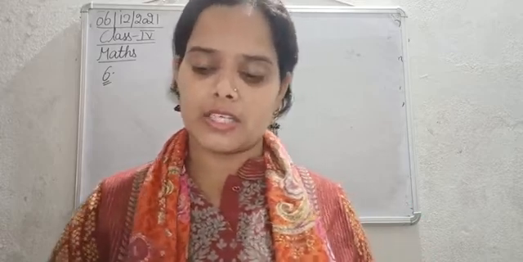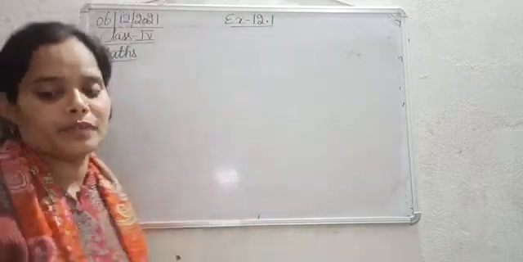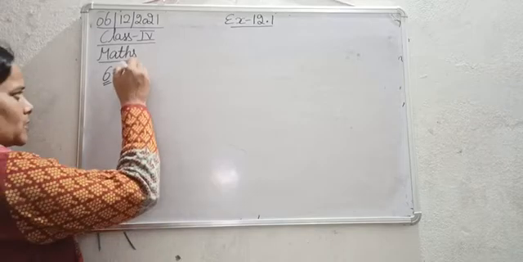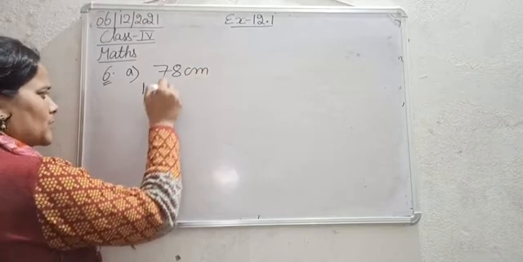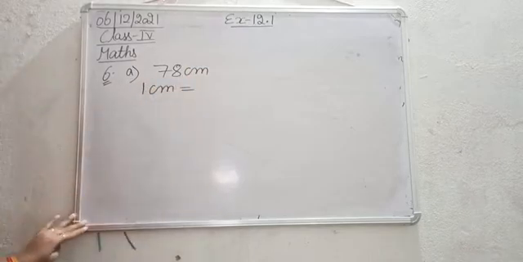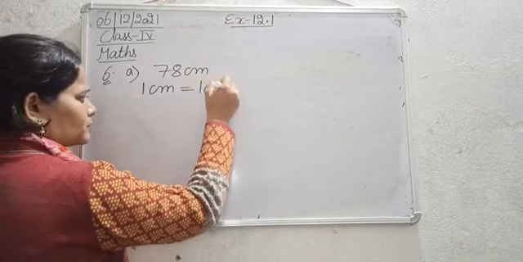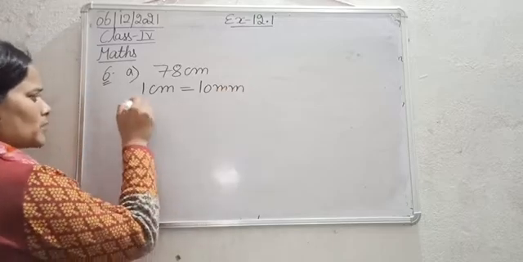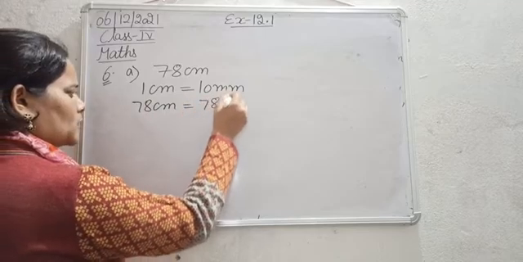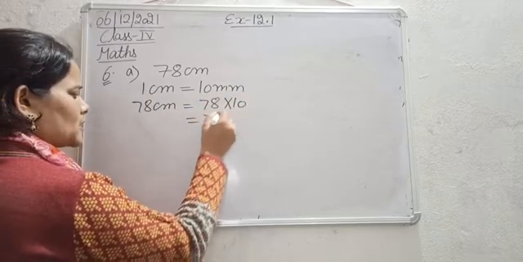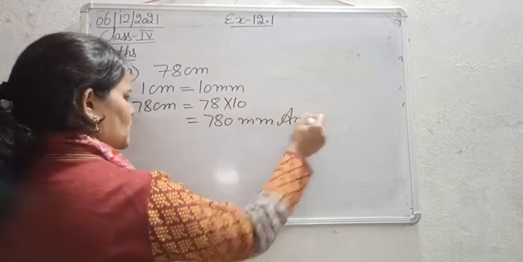So let's convert it. 78 centimeter, we have to convert it into millimeters. 1 centimeter is equal to 10 millimeter. So 78 centimeter is equal to 78 into 10, that is 780 millimeter. And this is your answer.